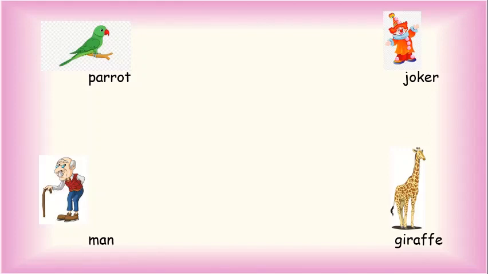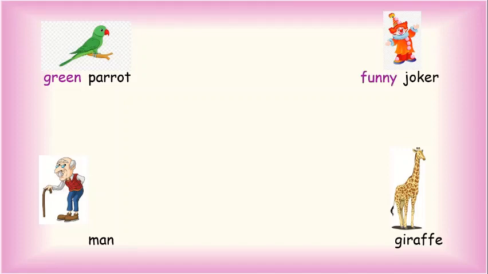First is parrot. Let's say green parrot because the color of the parrot is green. Next is a joker. What does the joker do? A joker is a person who makes us laugh. So we can say the joker is funny.